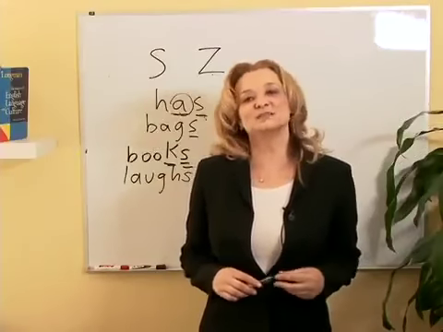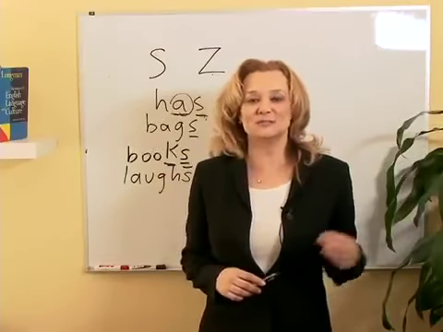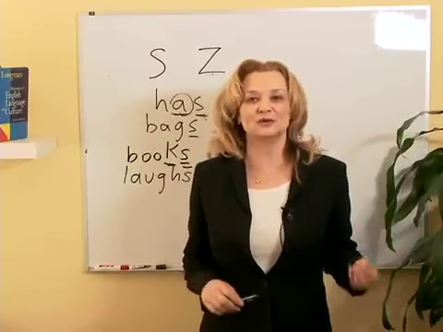All right, let's practice some sentences now that have words spelled with the letter S and pronounced with the Z sound. He plays the drums on the weekends. She has friends in many countries.